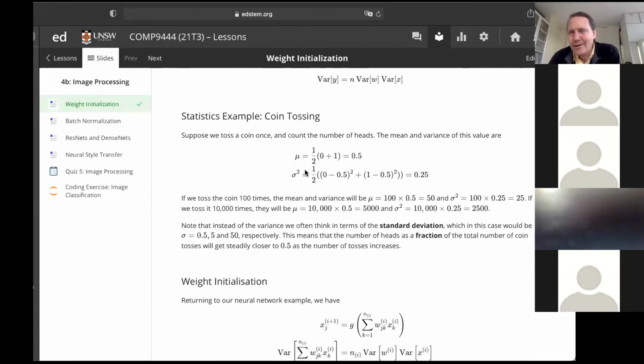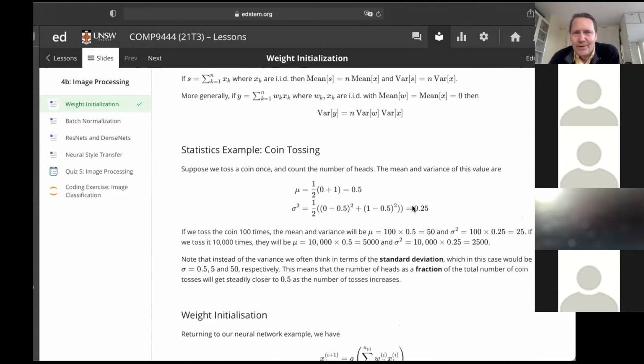So this coin tossing example: if you toss a coin 1,000 times or 10,000 times and you measure the number of heads, then because of the central limit theorem, that distribution will be very, very close to a Gaussian distribution.